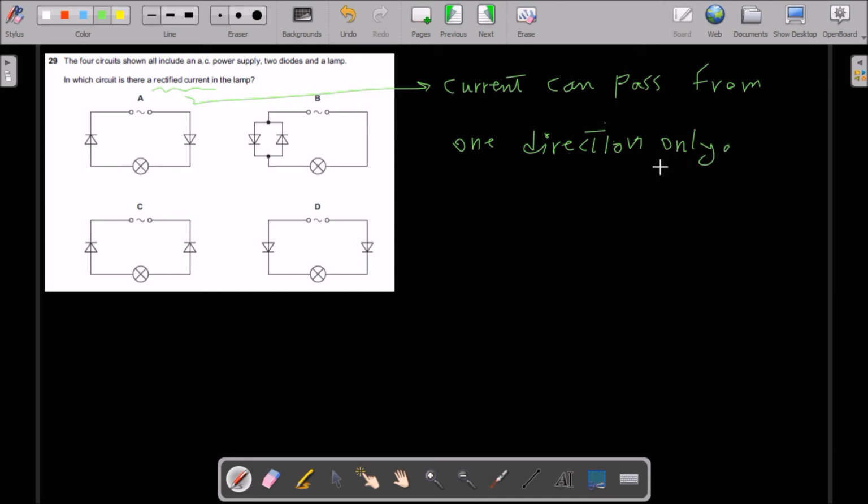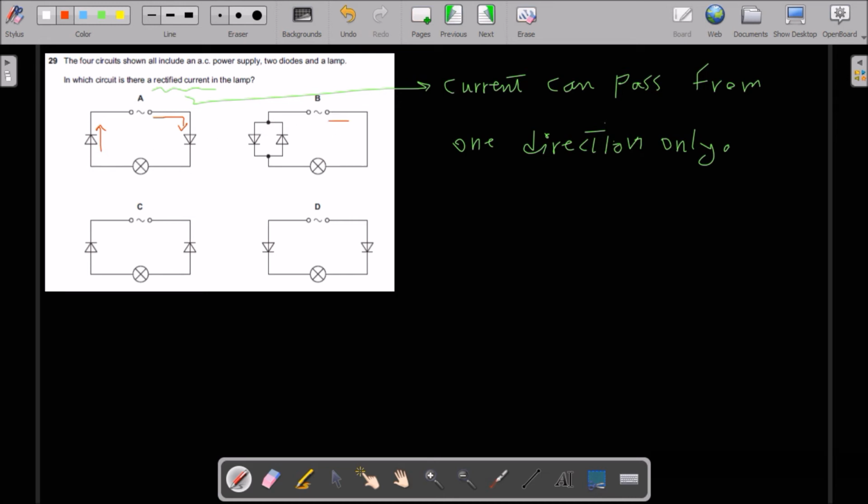So we can check A, B, C, D. You can see that current can pass through the diode and then through this diode and reach the second end of the supply.